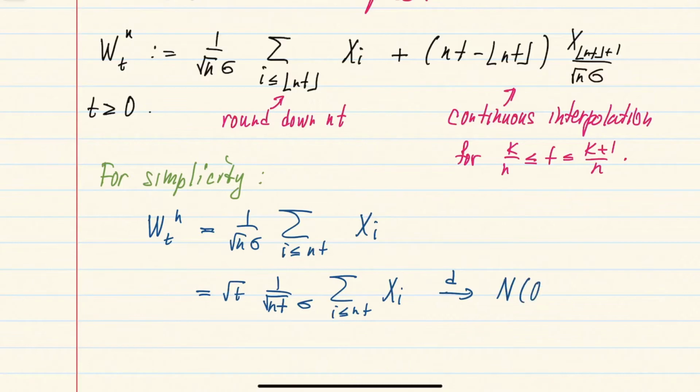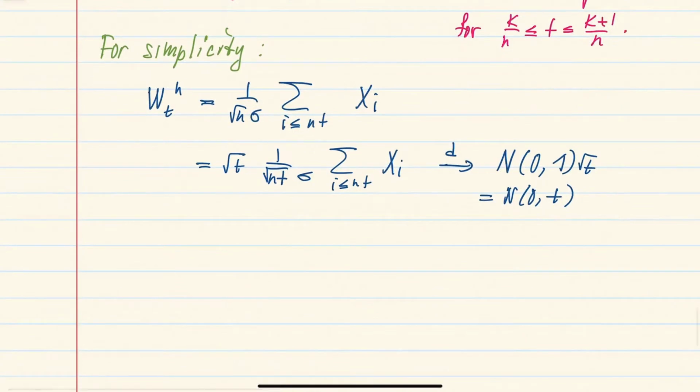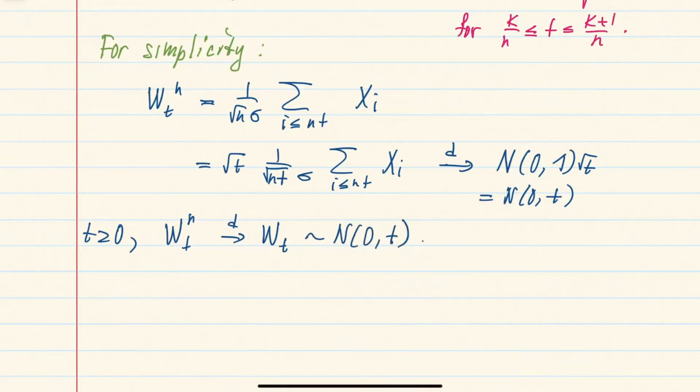So this converges in distribution to a Gaussian with variance t. That already shows us that for a fixed t, this rescaled random walk converges in distribution to a Brownian motion, which was defined to have Gaussian distribution with variance t for a fixed t.